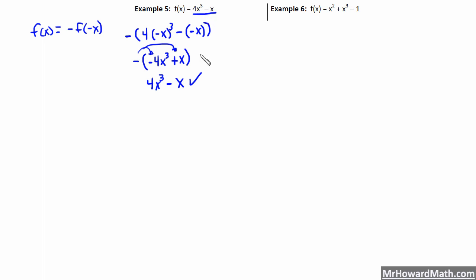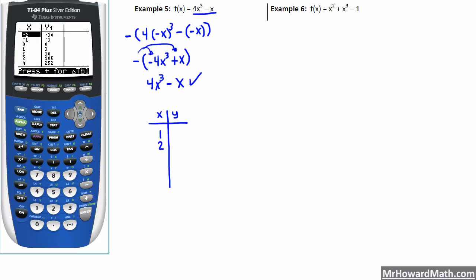Now remember, if we make a table of values with our x and our y, and this is truly an odd function like we think it is, let's check an x coordinate of 1 and an x coordinate of 2 to start. Let's put this in our calculator, which we already have, so we go to our table. When x is 1, y is 3, and when x is 2, y is 30.